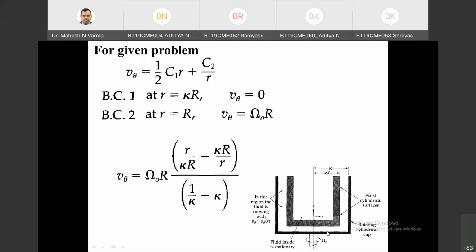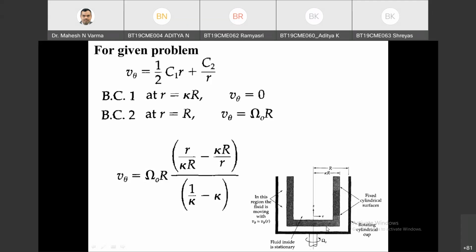Yeah, V theta velocity, some value of R into omega naught. Okay. Now I am just moving in Z direction. Just moving in Z direction, and I am at this point. What will be my velocity? Sir, again it will be only a function of R, not Z.